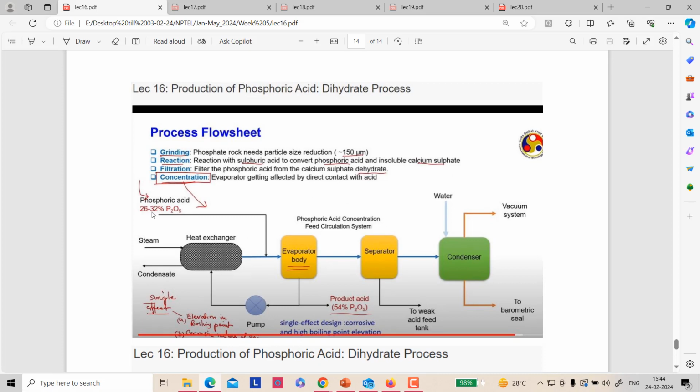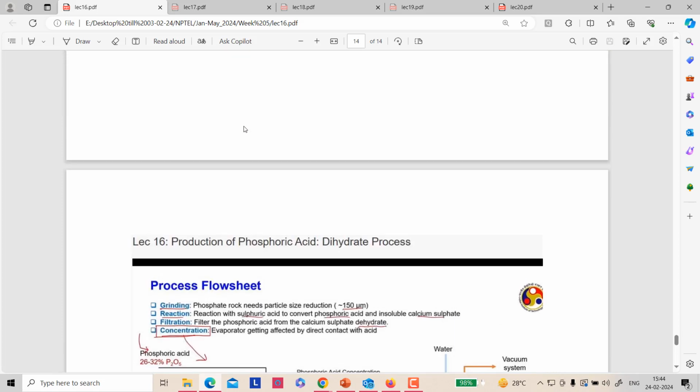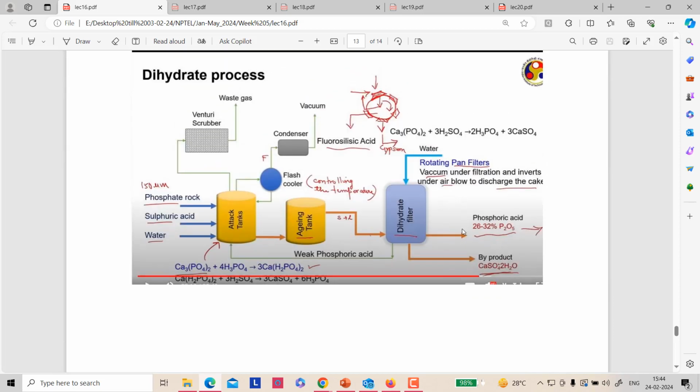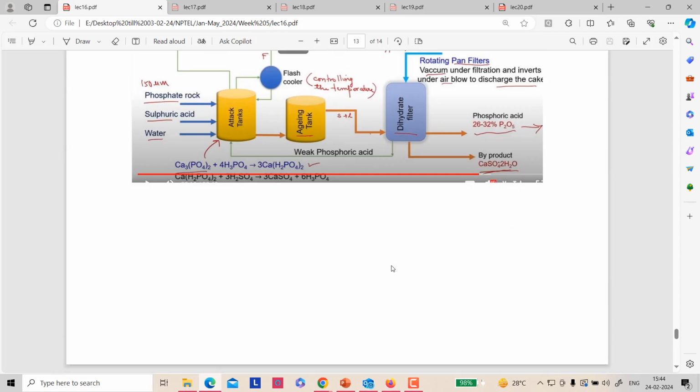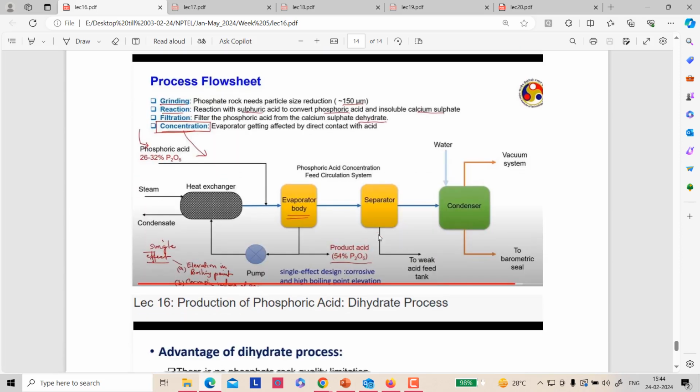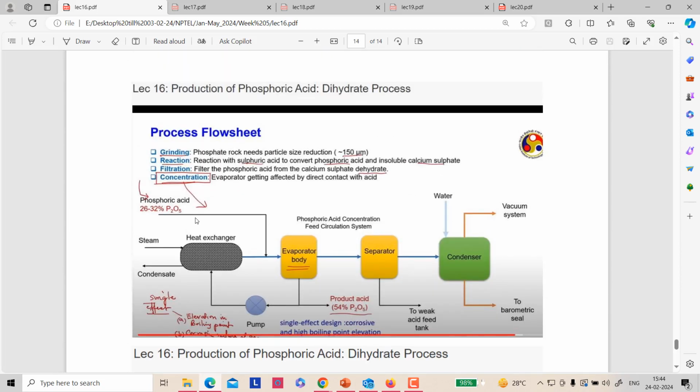So here you can see in the flow chart that phosphoric acid is produced at 26 to 32%. But we have to increase the production, right? So how can we increase our production? This is another way. This 26 to 32% P2O5 comes into the evaporator body, and after that from the product we want to remove the gypsum.